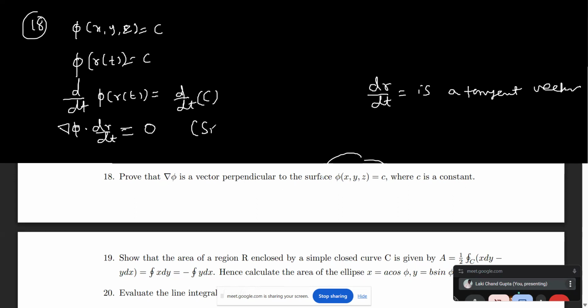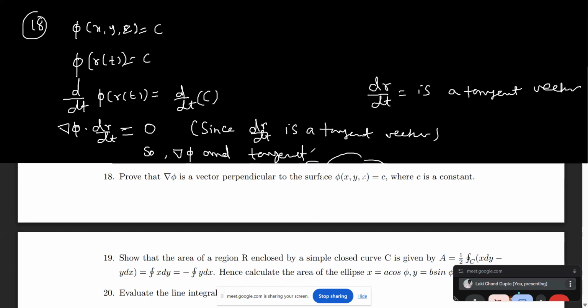Since this is a theoretical question, dr by dt is a tangent vector, and you can see their dot product is 0. So grad phi is perpendicular to the surface. Surface means tangent vector. Understood?